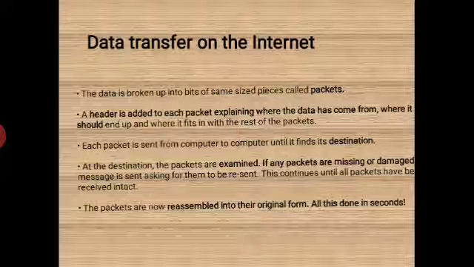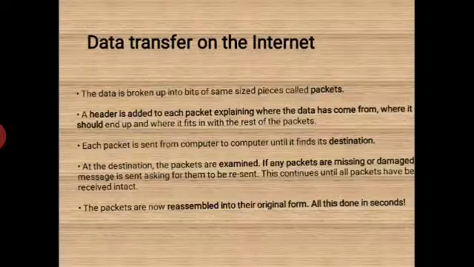Each packet consists of a header which contains the address of the destination. When all the packets are received by the receiver, the packets are arranged in the same order. If some of the packets are missing, then a request is sent again until the data has been received successfully.